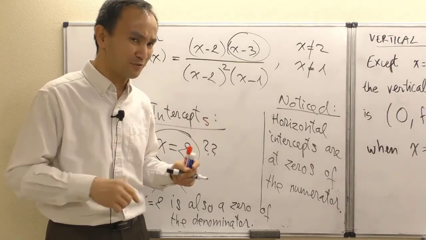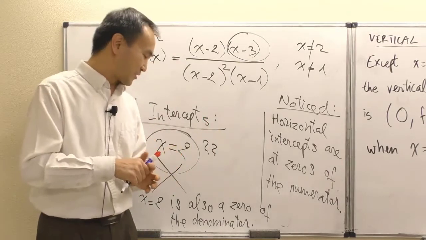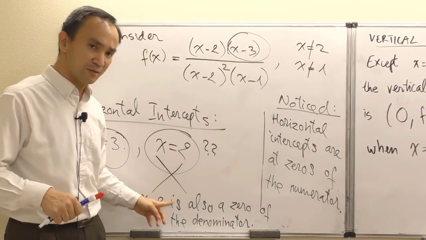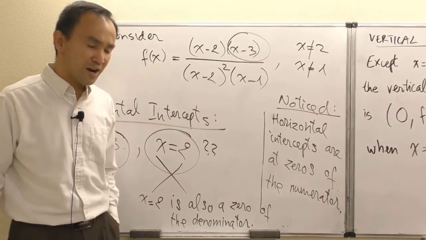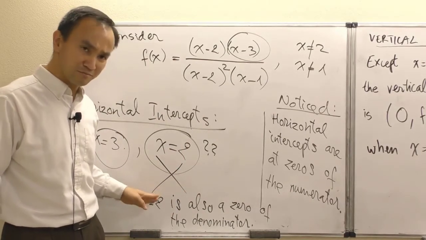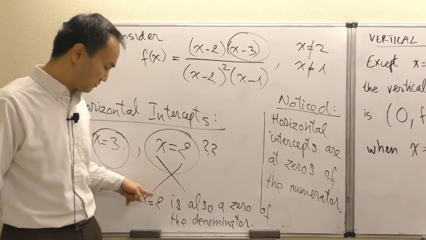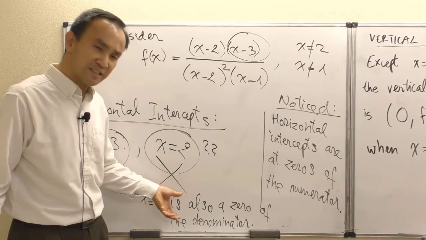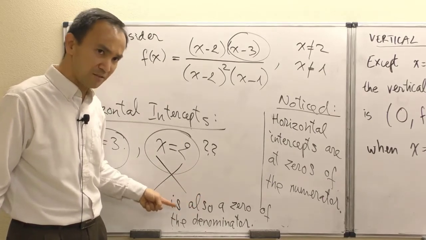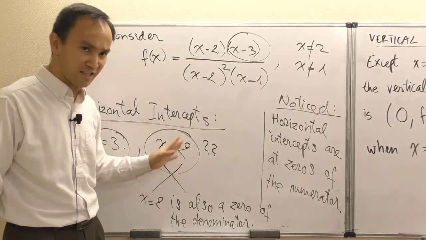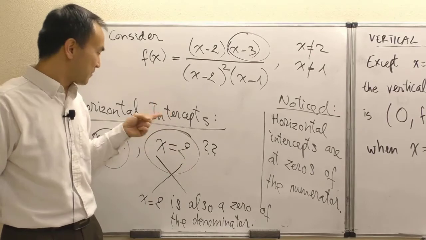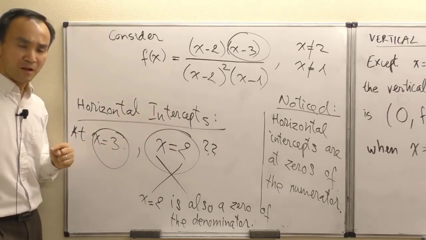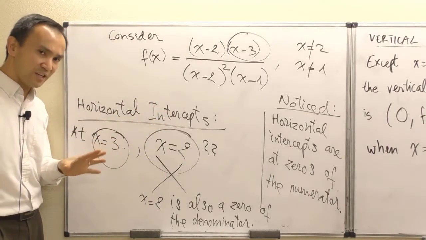The rule to filter them out is this: if a zero of the numerator is also a 0 of the denominator, we have to rule it out and cannot accept it as a horizontal intercept.